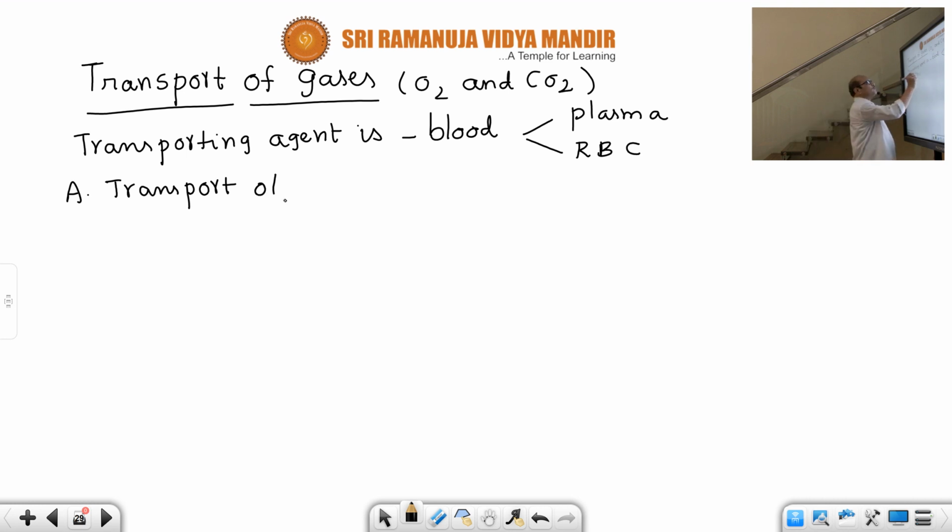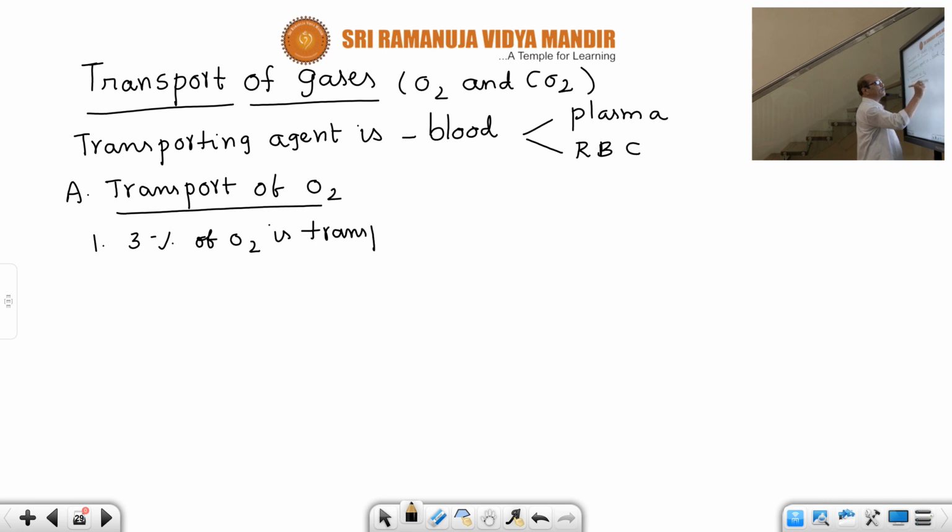So transport of O2: 3% of O2 is transported through plasma in a dissolved state.